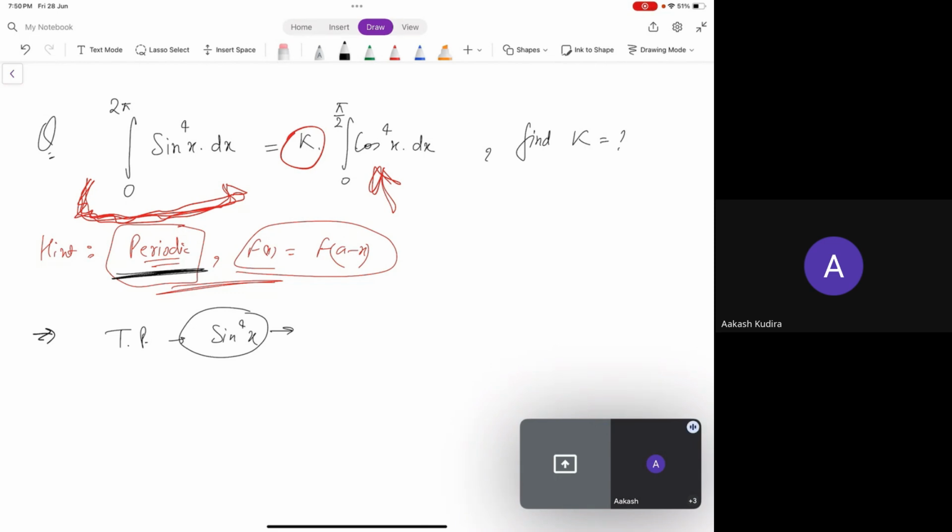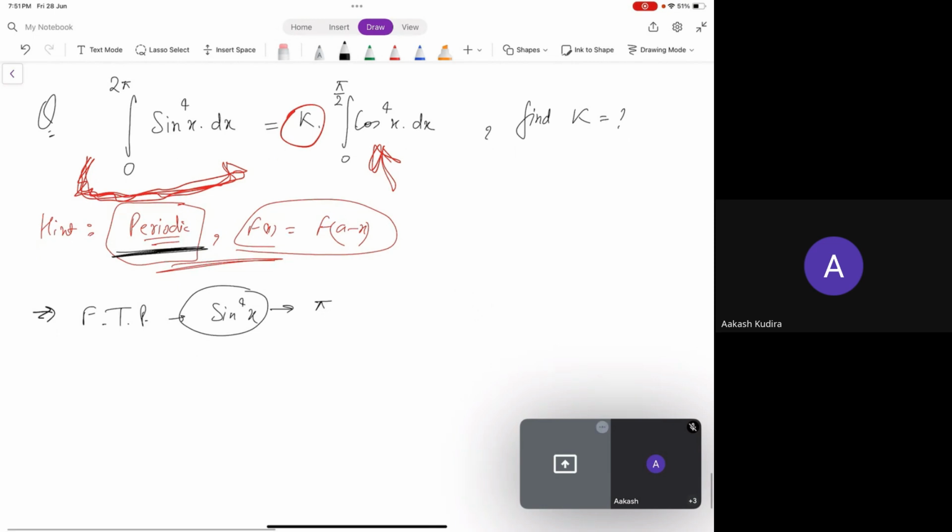Sir, it will be pi. Yes, pi. Why not 2 pi? Because the time period is also 2 pi, correct? No doubt, correct. But we are now talking about the fundamental time period, meaning the minimum value. So obviously pi is correct. You can check like this: put pi minus x, you will get the same value.